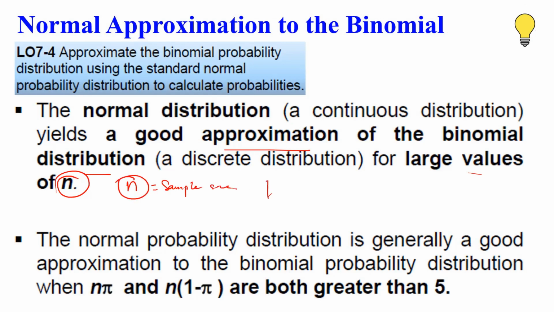If n is larger, it is closer to the normal distribution curve. The normal probability distribution is generally a good approximation to the binomial probability distribution when n times pi and n times (1 minus pi) are both greater than 5.